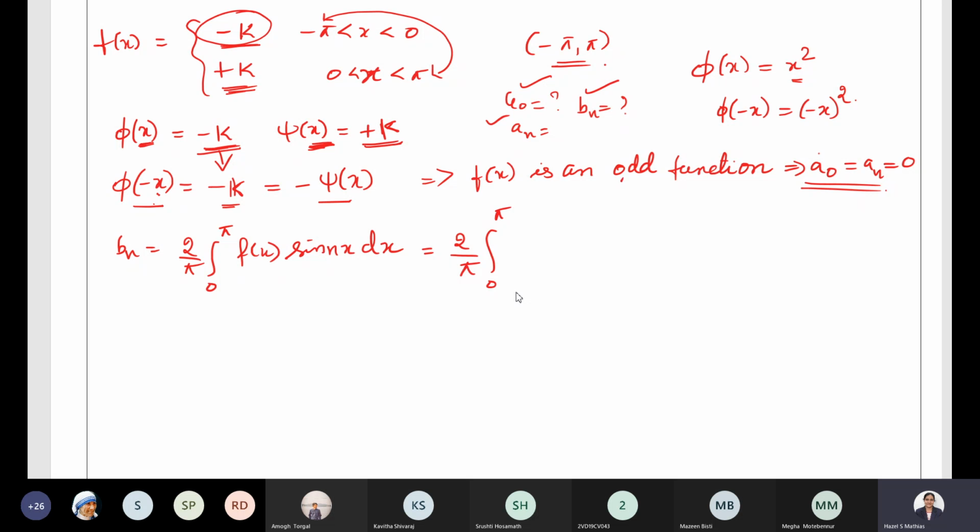As it is an odd function, a0 and an are 0, so we need to find the value of bn. What is the formula for bn? 2 by pi 0 to pi f of x sine nx dx. So it is 2 by pi 0 to pi. What is f of x? Tell me what is f of x now.